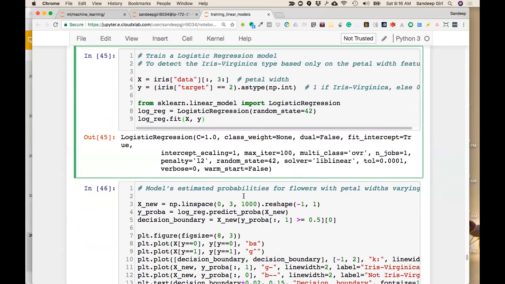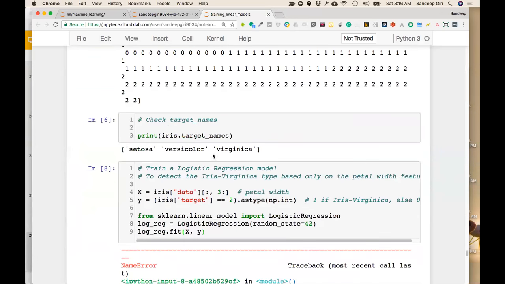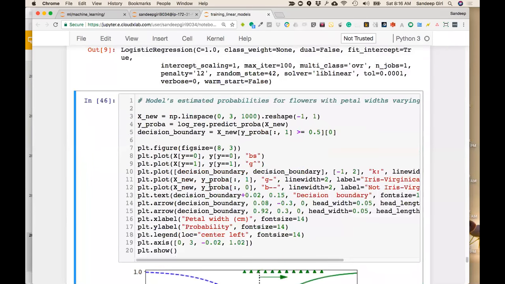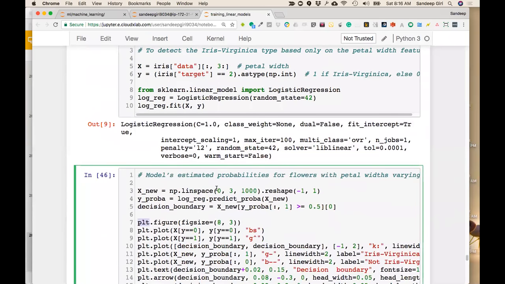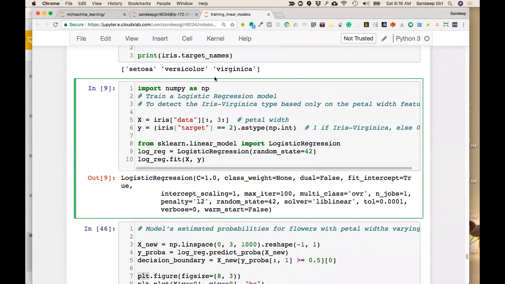So once we basically fit this, all right, I'll have to import numpy as np. And also I'll have to import the plot because I don't want to go from the top. There is some kind of error there.